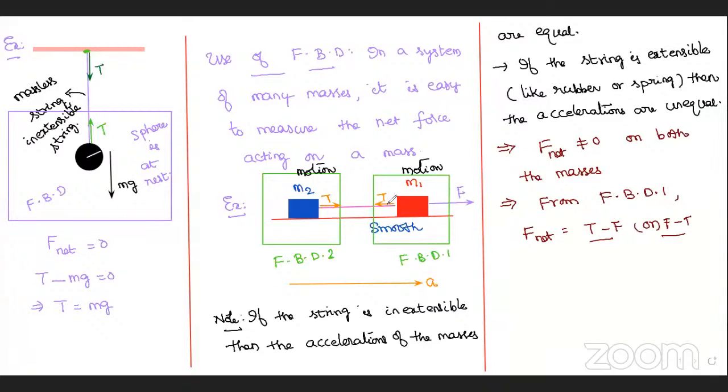F is greater, T is lesser, so I should not take T minus F. F is greater, so F minus T. So concluded here: this is not T minus F, it should be F minus T.